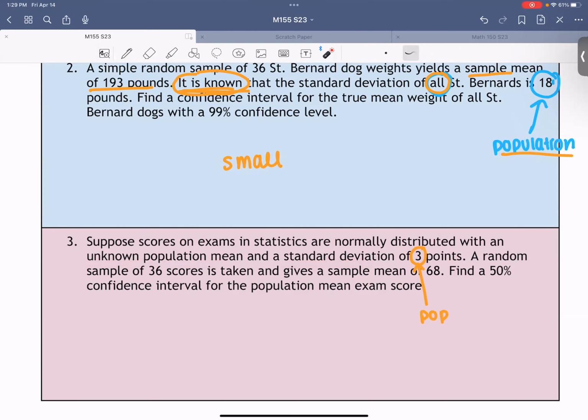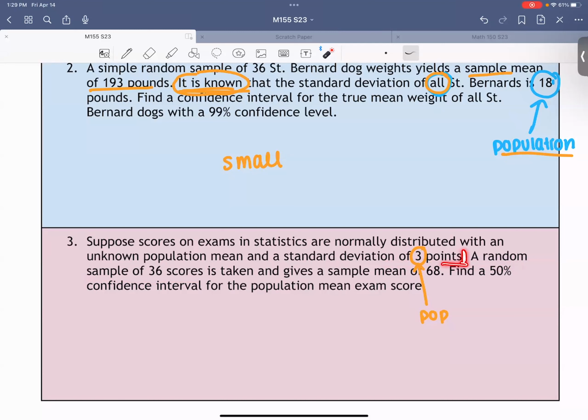I think the biggest hint in this question that we're not talking about the sample is to think about where the sample is introduced, okay? After we're introduced to the standard deviation, we start a brand new sentence, and this is where we talk about the sample. The sample isn't introduced before we started talking about the standard deviation.